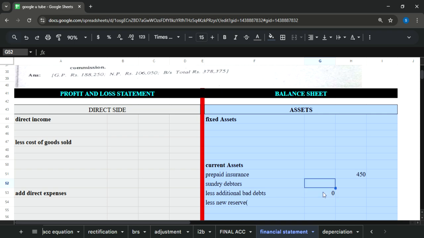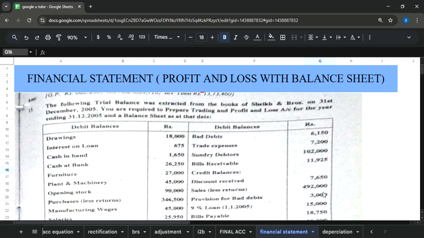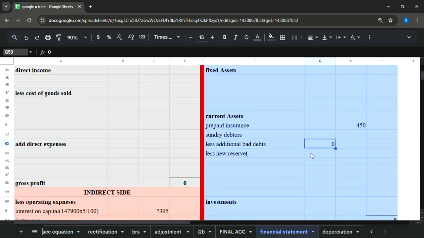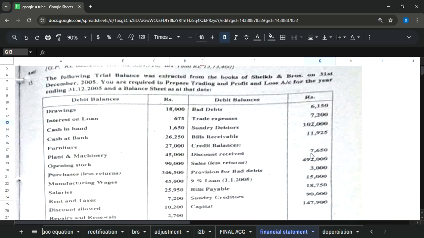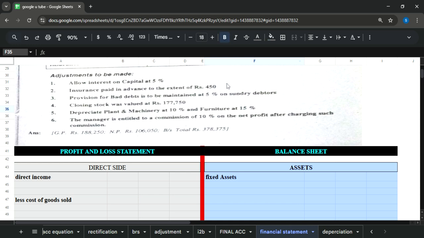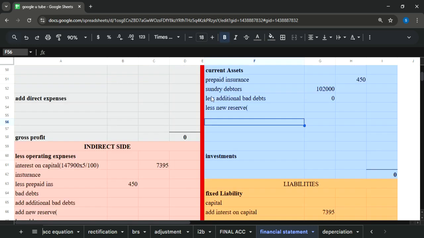Now let's see how much the amount of debtors is. Debtors are given over here. The amount is 102,000. So here 102,000 was the amount of debtors. Alright guys, now we need to calculate the new reserve, and once again I'm telling you, 5% of sundry debtors is required to be written.